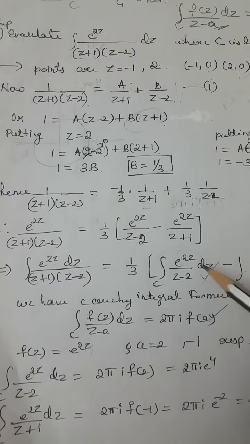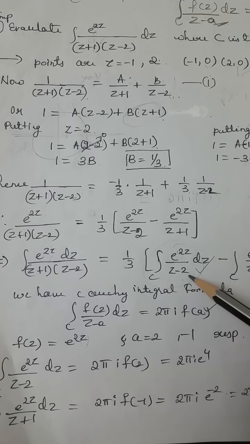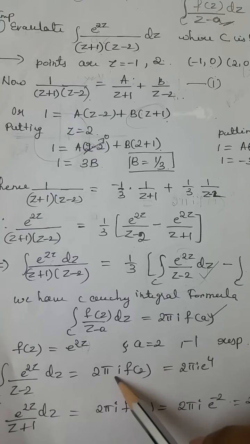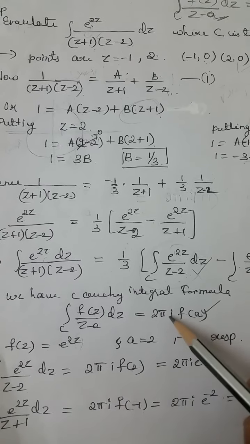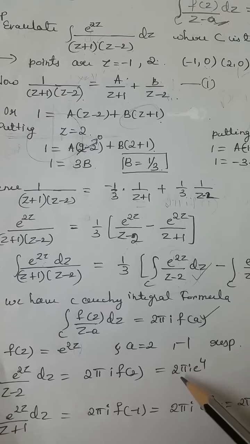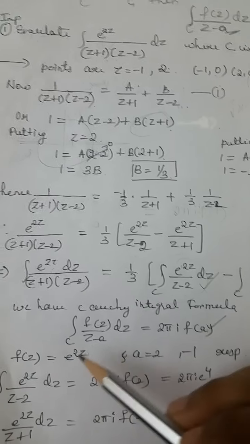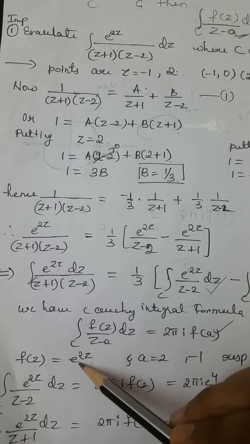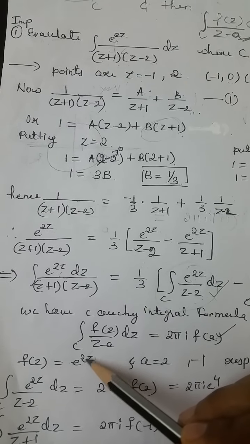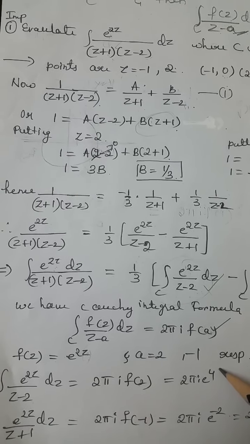So one by one, we take the integration of e raised to 2z upon z minus 2 dz, which is equal to 2 pi i f of 2. Substituting, f of 2 is e raised to 2 into 2, e raised to 4.